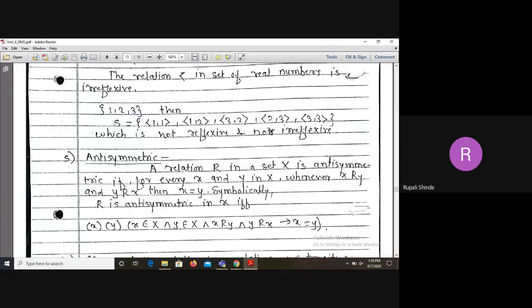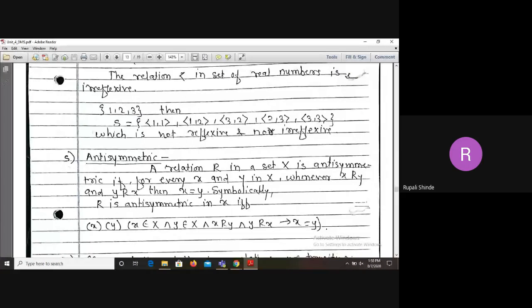If your relation contains ordered pairs like (1,2) and (2,1), then 1 should equal 2. Only if such cases hold can we say the relation is antisymmetric. If you consider this example (1,2) and (2,1), here we can't say that 1 is equal to 2. That's why this is not antisymmetric.